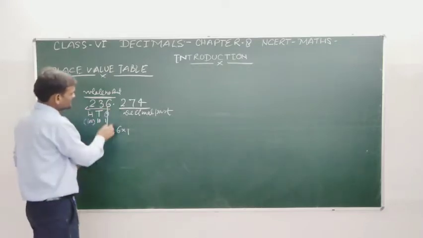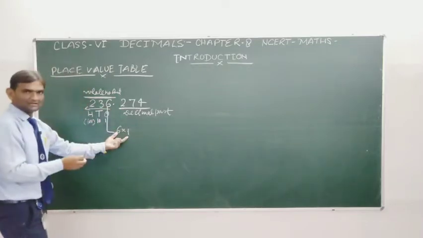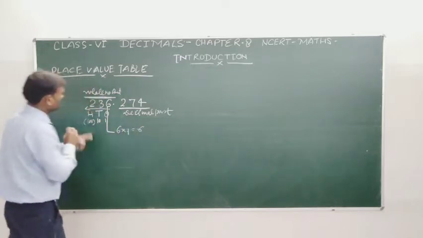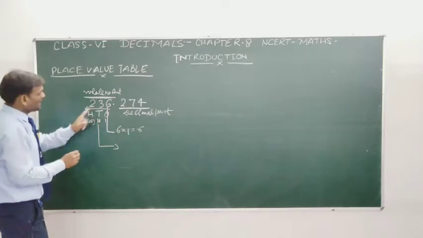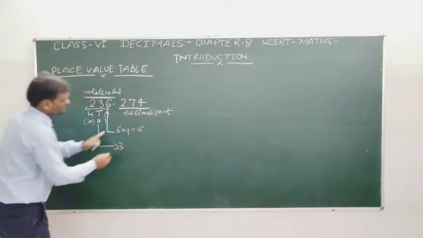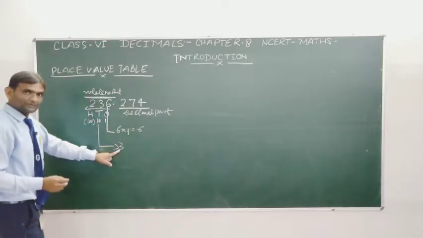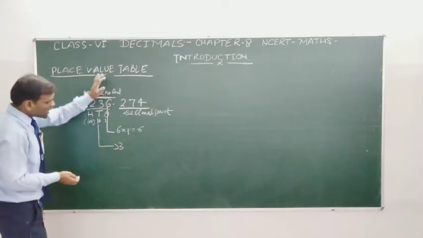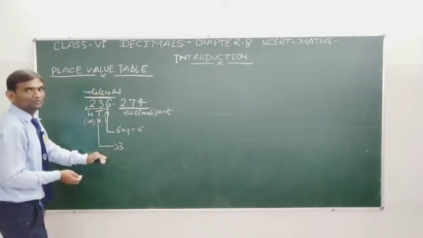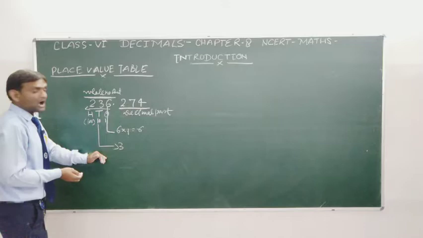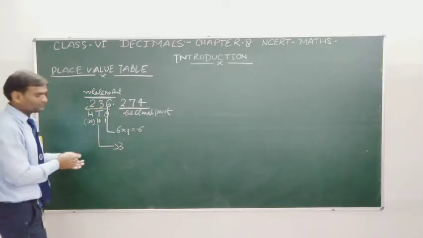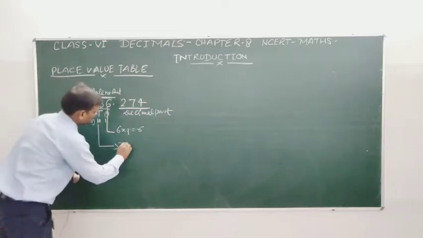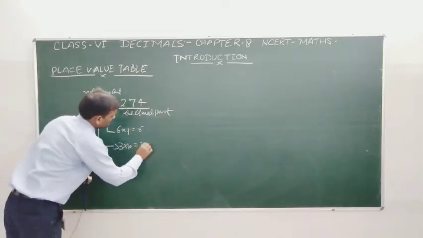So the place value of 6 is 6 into 1 is equal to 6, and for the place value of 3, firstly we write the 3. We are telling you how to find the place value of all digits given in the whole number part. So 3 into 10 is equal to 30.